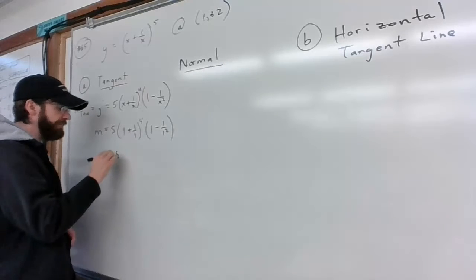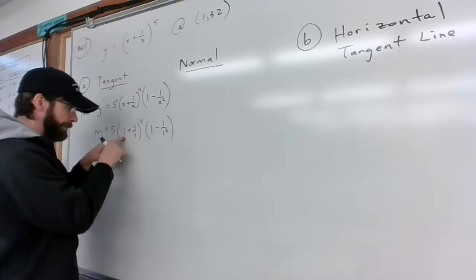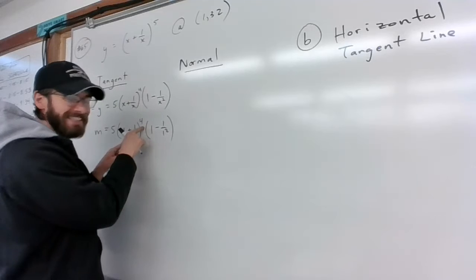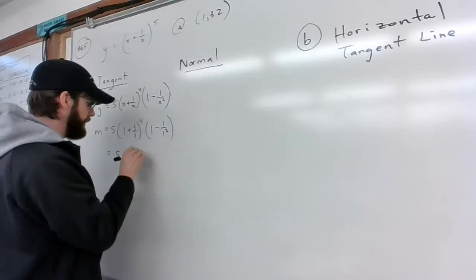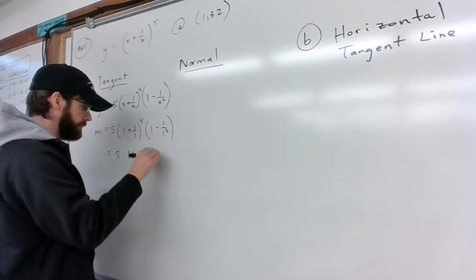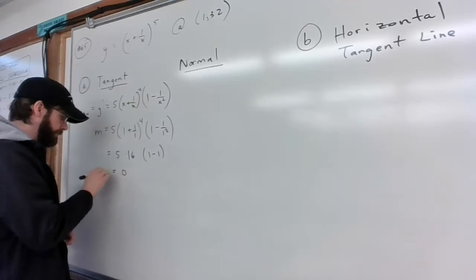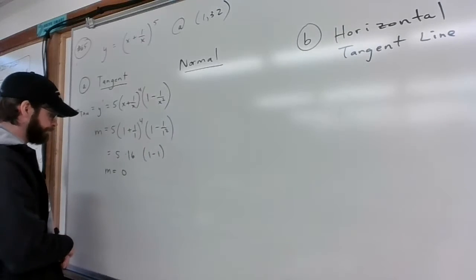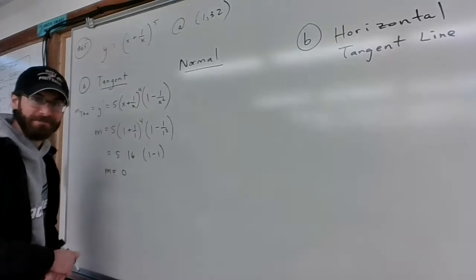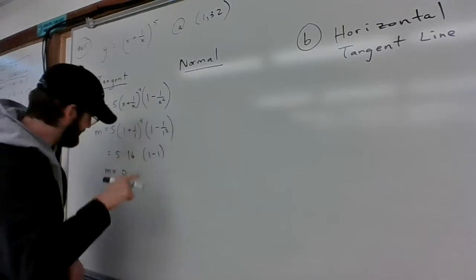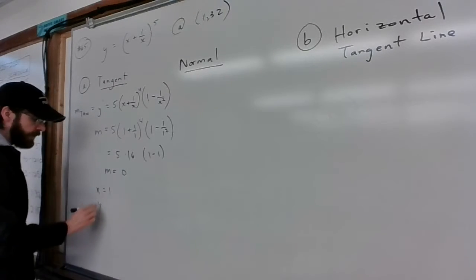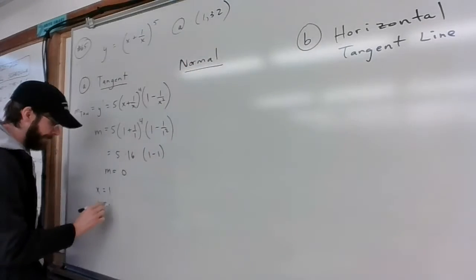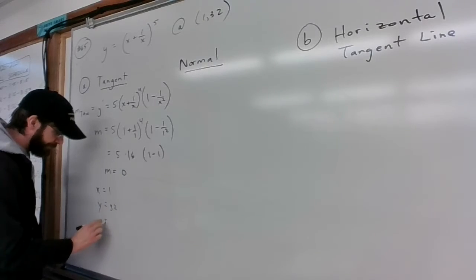So this is 5 times 1 plus 1 is 2. 2 to the 4 is 16. 1 over 1 squared is 1. 1 minus 1 is 0. All right, so... Wow. Okay. So it's one of those lines. So you choose the x equals 1, the y equals 32, m is 0.